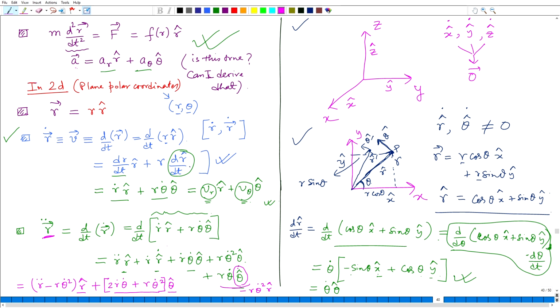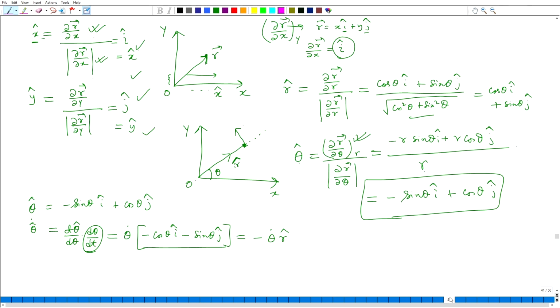I am sorry, I think there is an error. This is not theta dot square, this should simply be r theta double dot, because d/dt is acting on theta dot. So, it will give you theta double dot, yes. Okay. So, I will actually have r theta double dot.